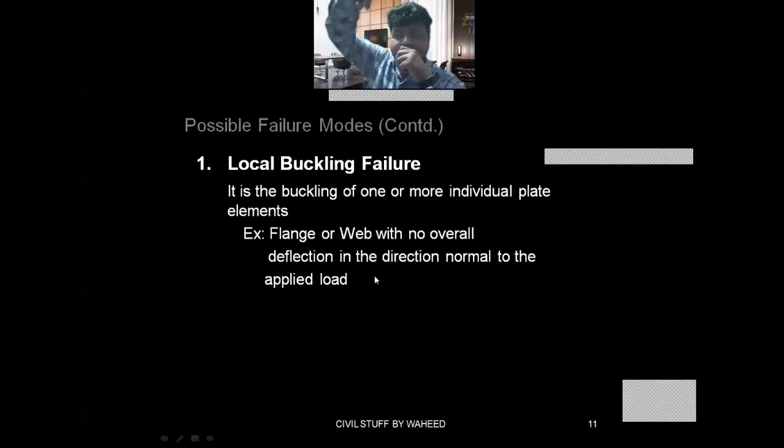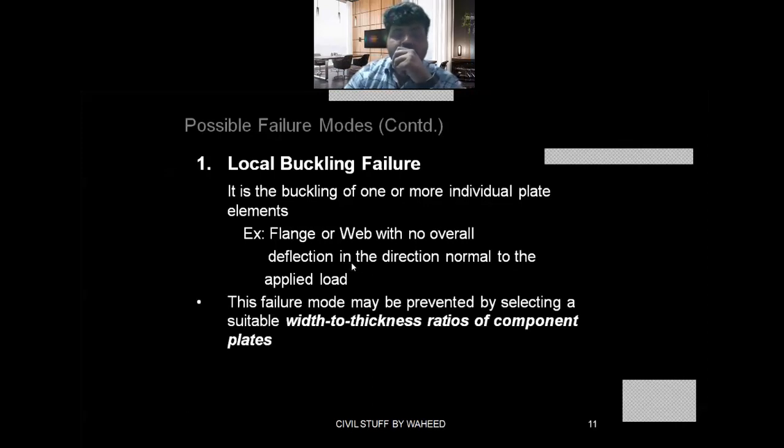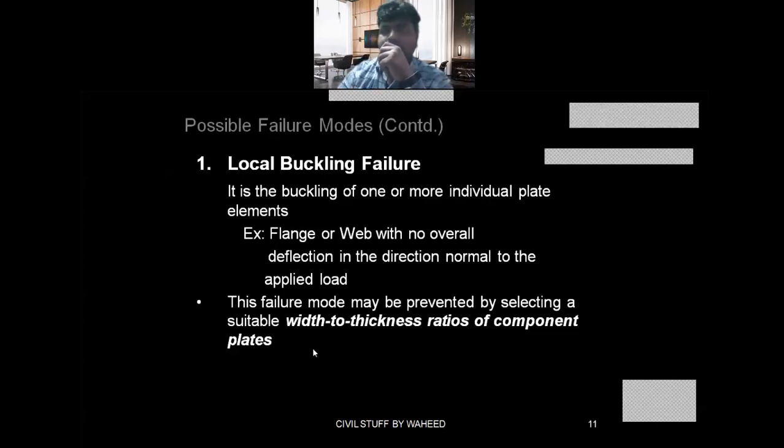Means suppose axial load is applied, a member may deflect like this. That is called buckling. So, this failure mode may be prevented by selecting a suitable width to thickness ratio of component plates. Means you have to ensure that the width to thickness ratio is chosen such that you can avoid local buckling failure.